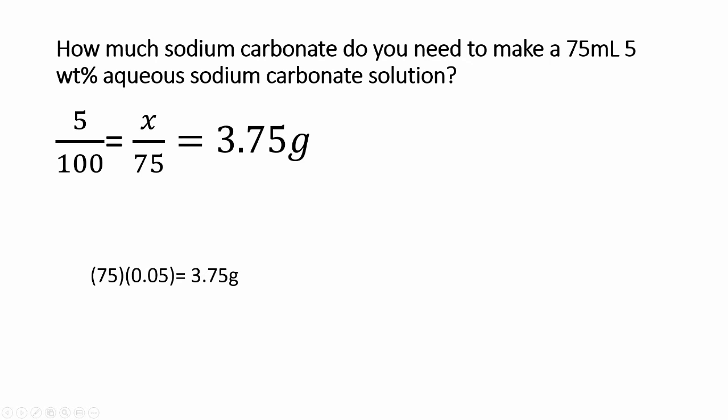So if we're starting with 75, how much do we need? We just cross multiply and we'll get around 3.75 grams. The other simpler way to do it is to just take 75 mLs and multiply it by 0.05, which is 5%, and it'll tell you we need about 3.75 grams in 75 mLs.